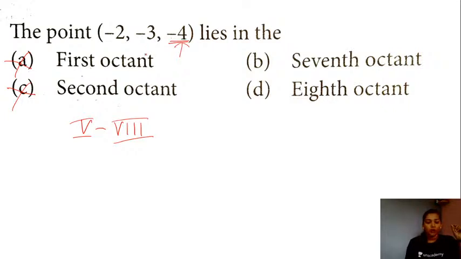I did ask you to remember the pattern. So the 3rd quadrant plus the 7th octant would have x and y values being negative. So the right answer for this case would be option B, that is, the point -2, -3, -4 lies in the 7th octant here.